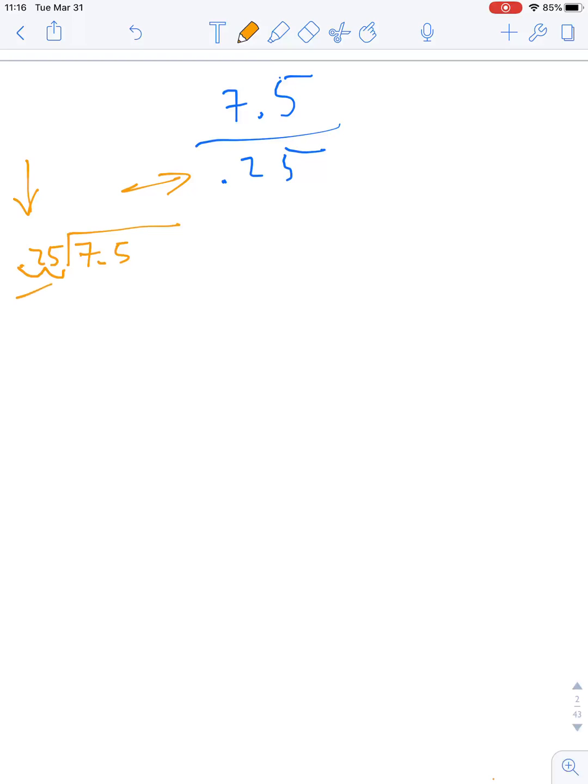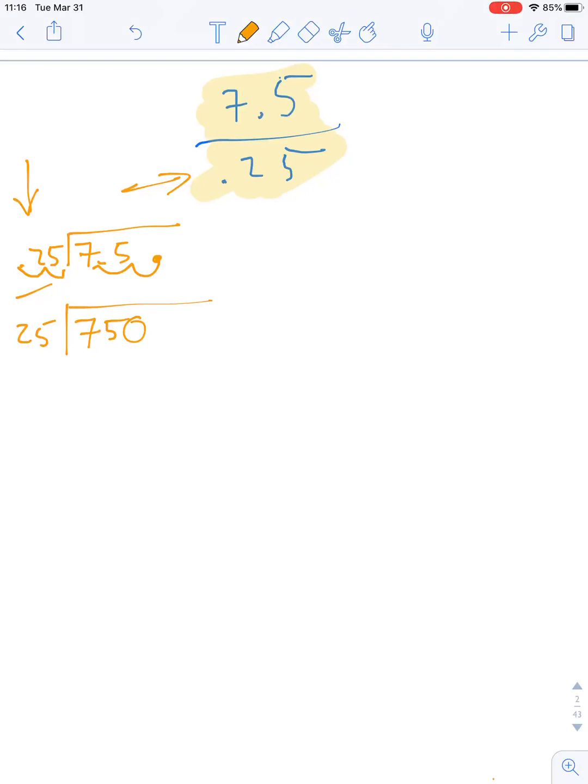And what you do over here, you need to do over here as well. Okay, so the decimal gets moved there. This results in basically a new problem, and the new problem is 750 divided by 25. Okay, and that's a much more understandable problem compared to what we had earlier of 7.5 divided by 0.25.